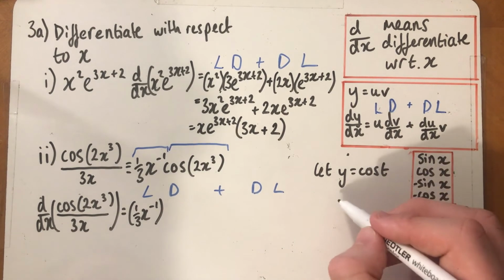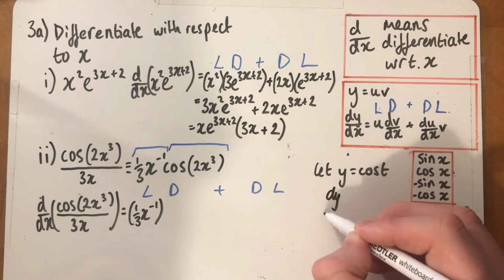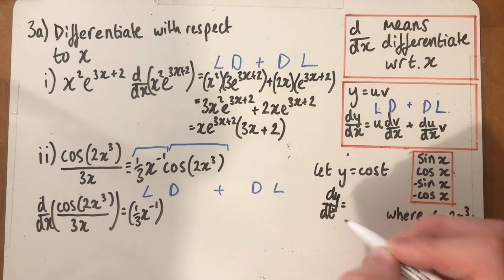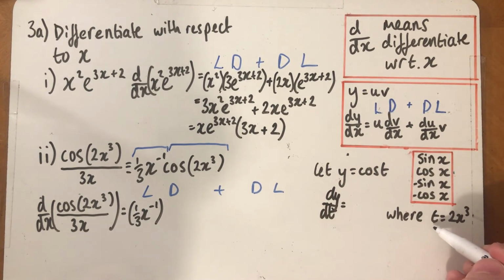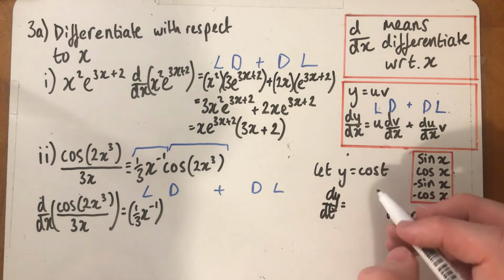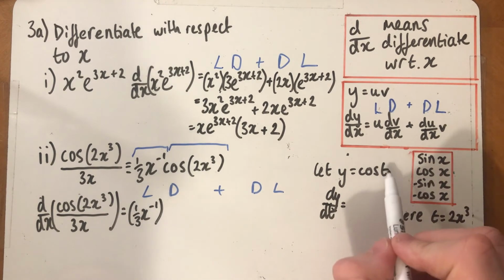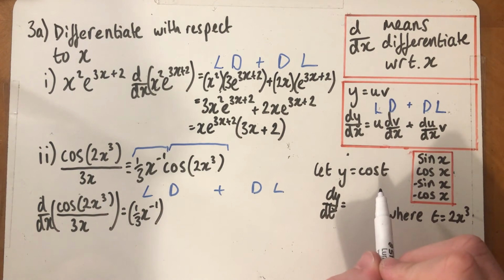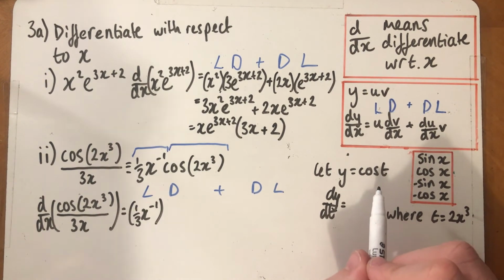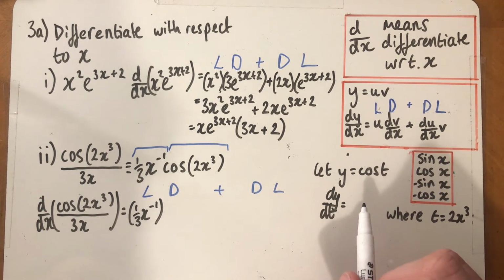Okay, now we can do the same process as we did last time. We can find dy by dt, then multiply it by dt by dx to find dy by dx of this function. Okay, so how do we differentiate cos? Well, you should know that cos simply differentiates to minus sine.